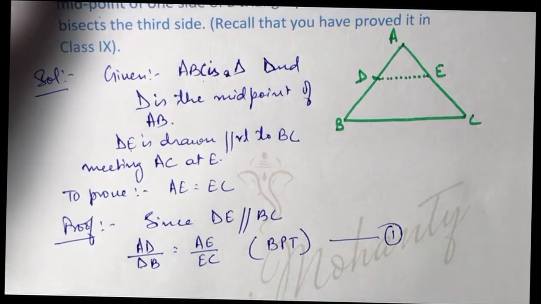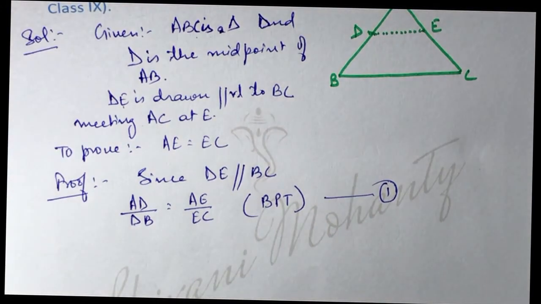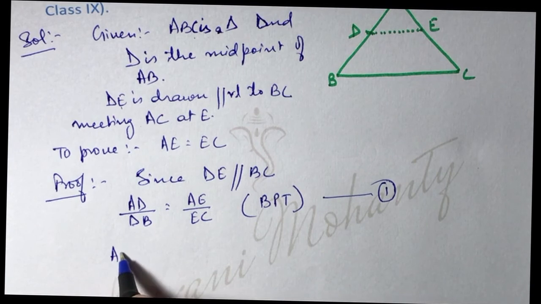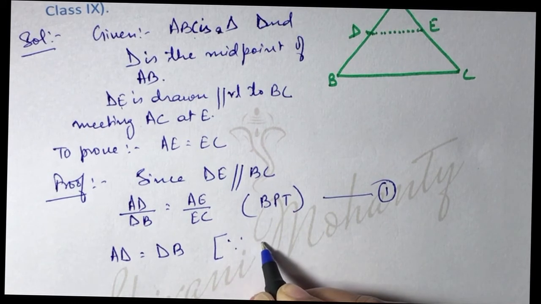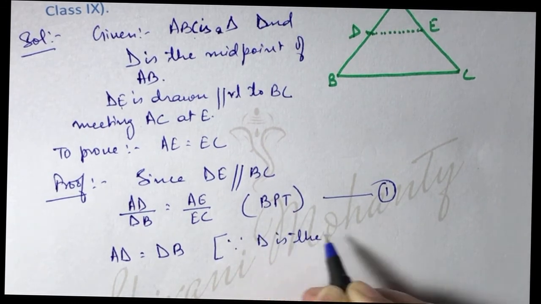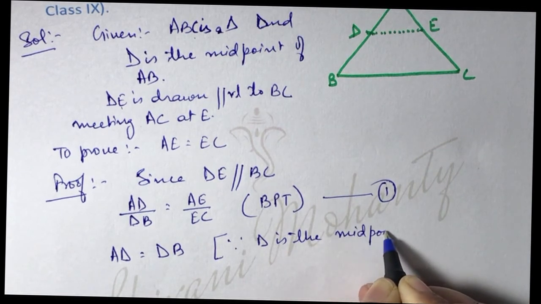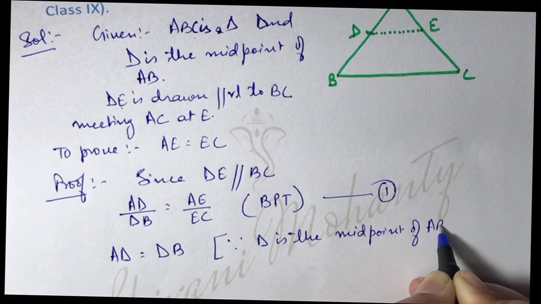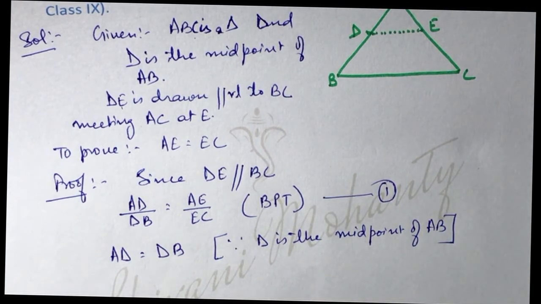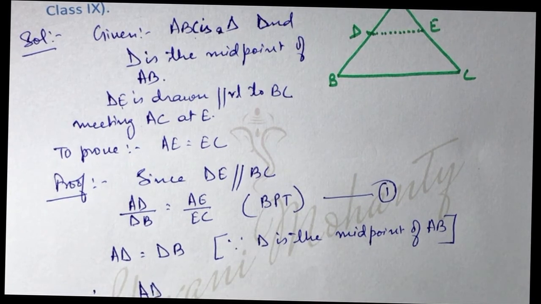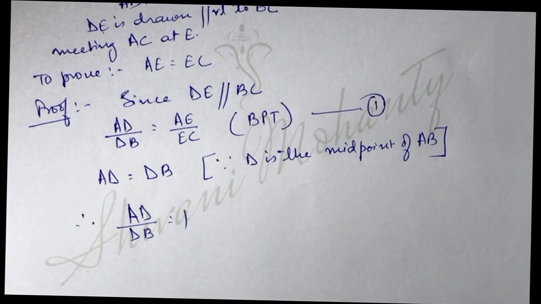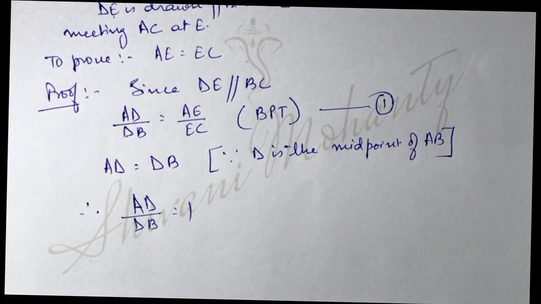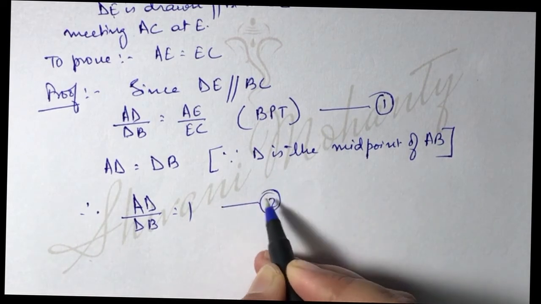Next, you already know that AD is equal to DB, as D is the midpoint of AB. Therefore AD by DB is equal to 1.